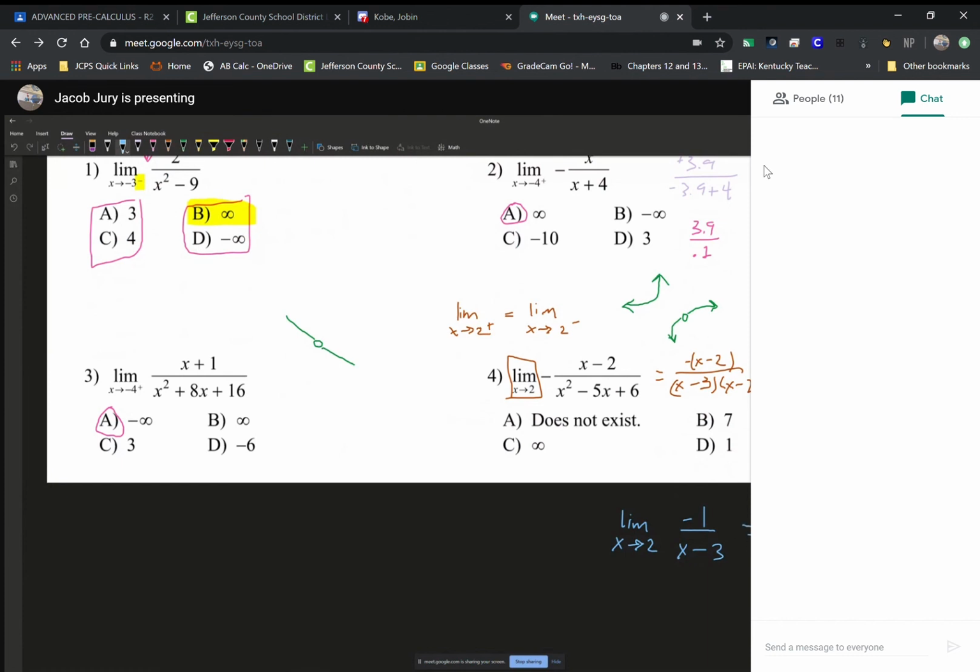So if we plugged in 2 to this function, then we're going to get negative 1 over negative 1, and we'll get D. So this last answer is D. So again, this is just a convoluted way to ask what is the graph approaching at 2. And it's not very clear at first because it's not factored and we haven't divided out the factors, but once we know it's just a hole and we can remove the hole, then it's just a simple plug and chug.